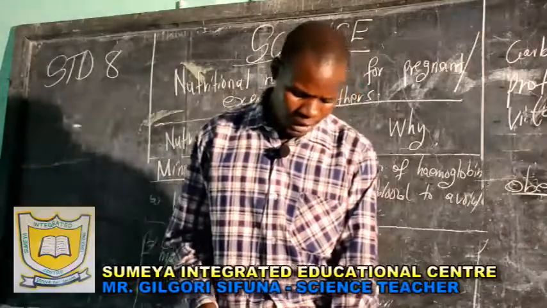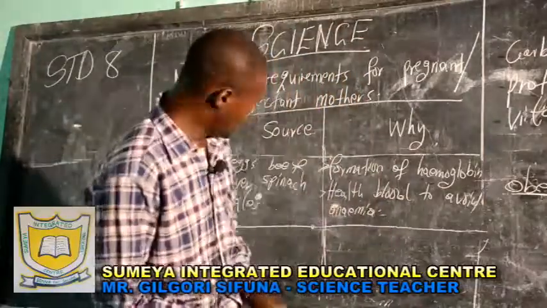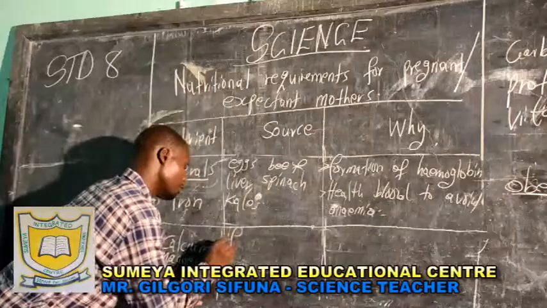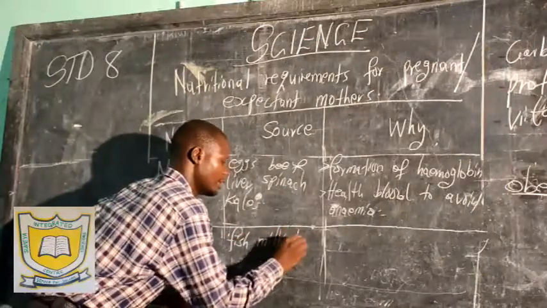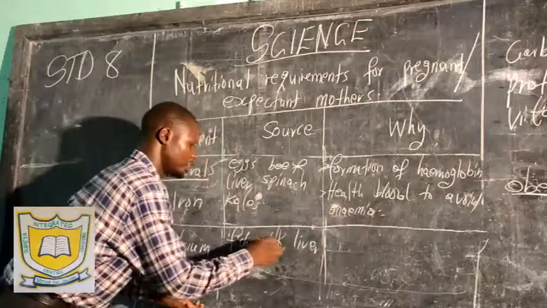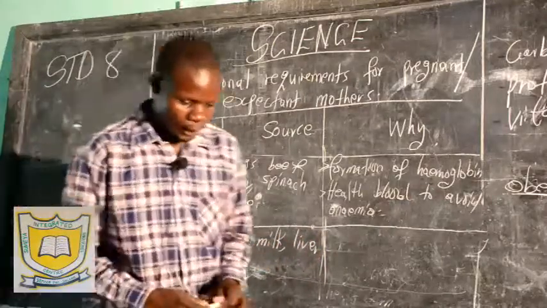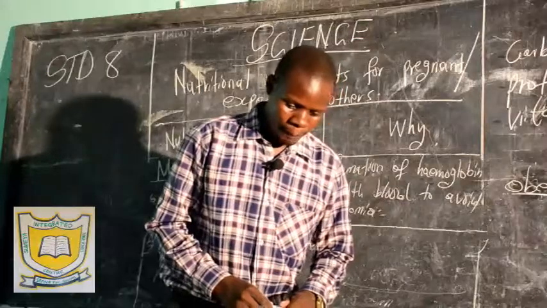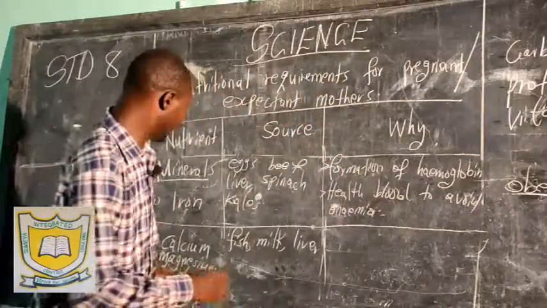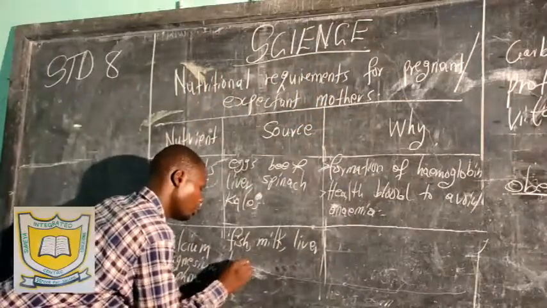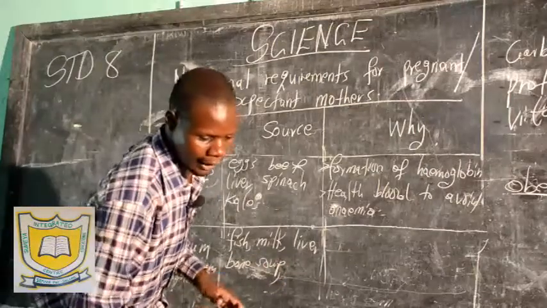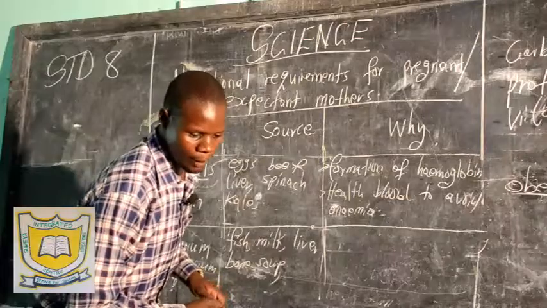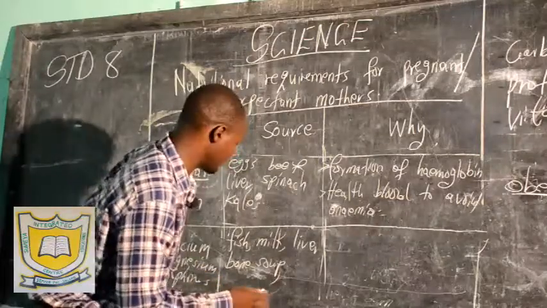Now when you talk of calcium, we have milk, fish, liver, bone soup, geese and green vegetables.